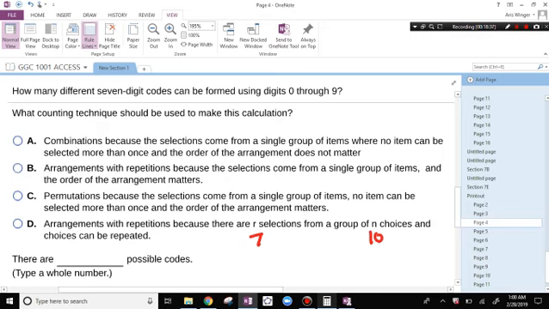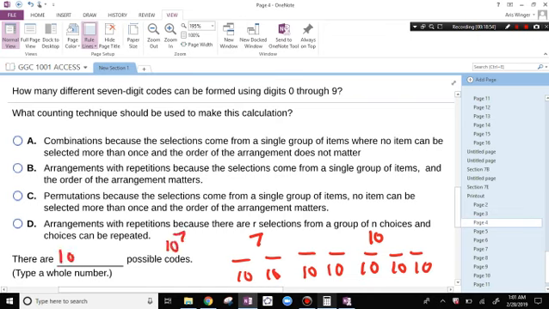So that's going to be 10, 10, 10, 10, 10, 10, 10. It's 10 to the 7th, which is 1 with 7 zeros. 10 million possibilities. So that one is D.